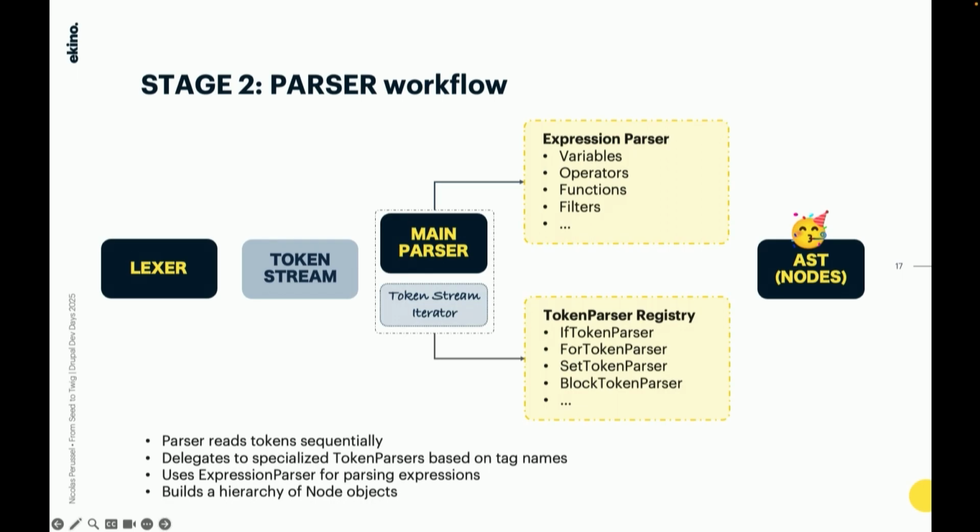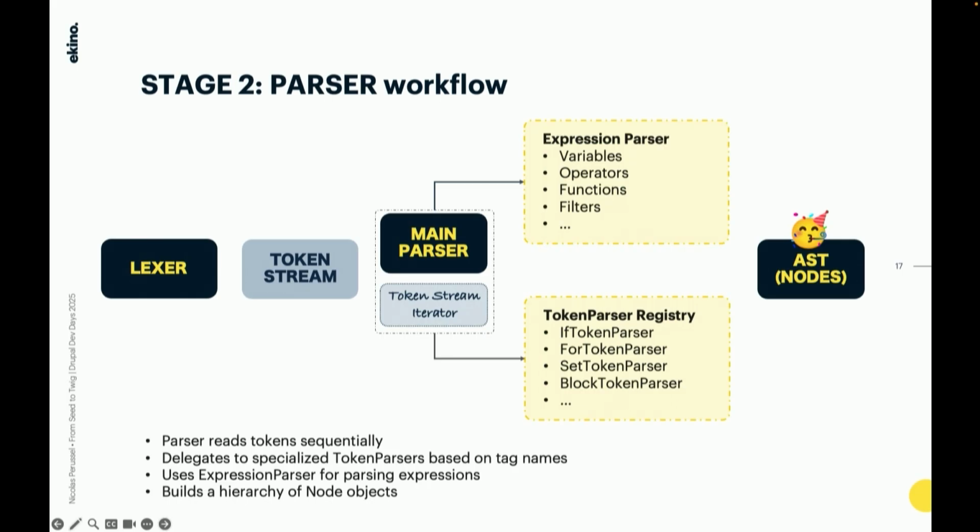With Twig, we have two types of parser. We have semantic parsers, like the if token parser, for token parser, block token parser, and so on. And we have expression parsers. When you need to evaluate something, we have Twig functions, Twig filters, or operators, something like that.